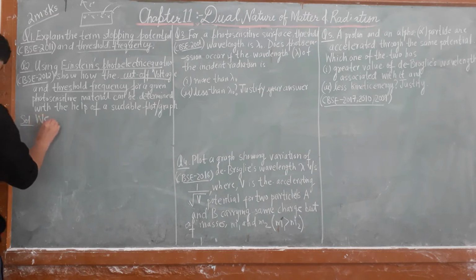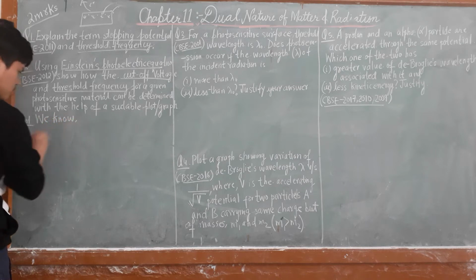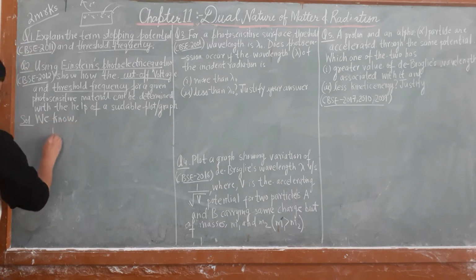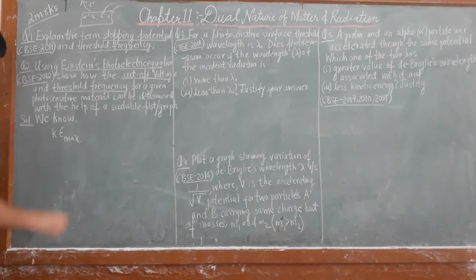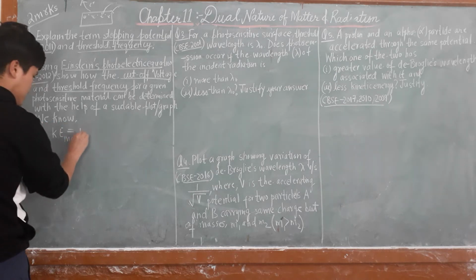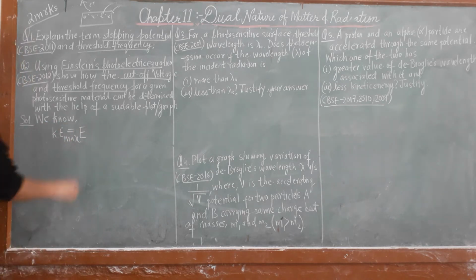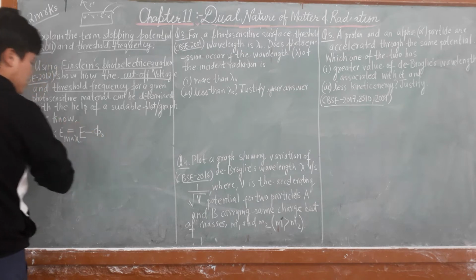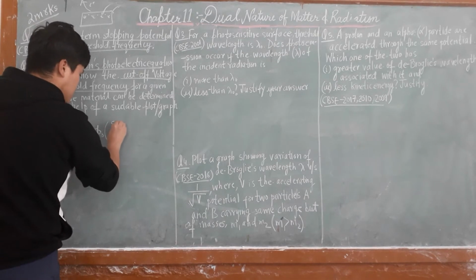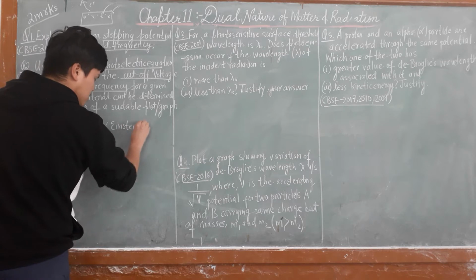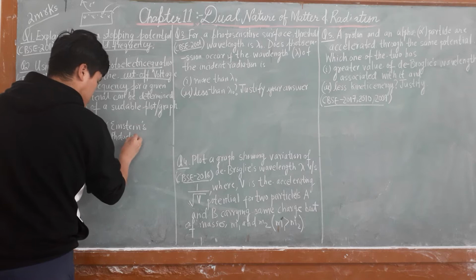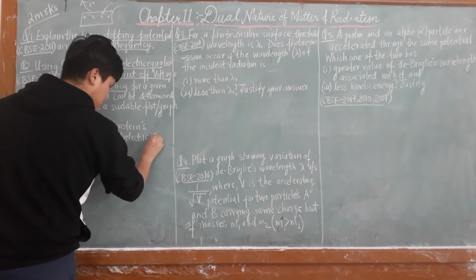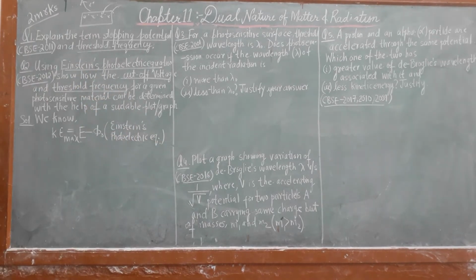We know that the maximum kinetic energy of the emitted photoelectrons is equal to the energy of the incident radiation minus the work function, and this is simply called Einstein's photoelectric equation.